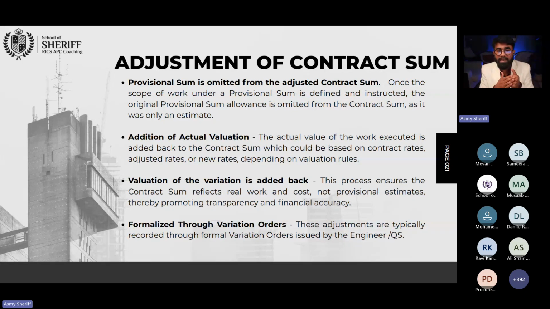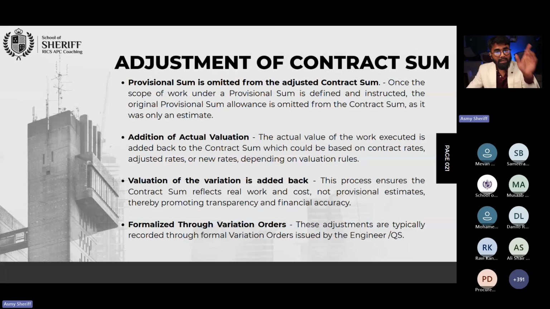So both will sign, and that will automatically be considered a change to the contract amount. You don't want to sign an amendment or changes to the original contract. That's what we call, what is that? Variation order. Remember that, guys. Okay.